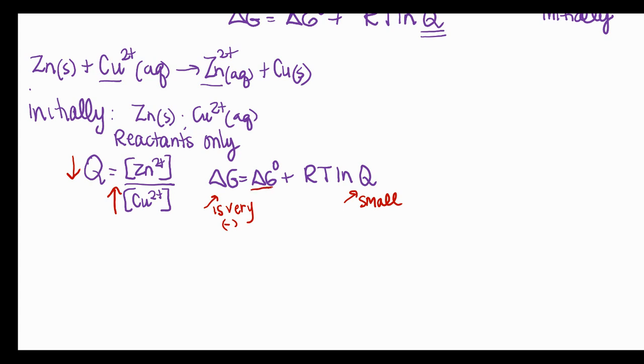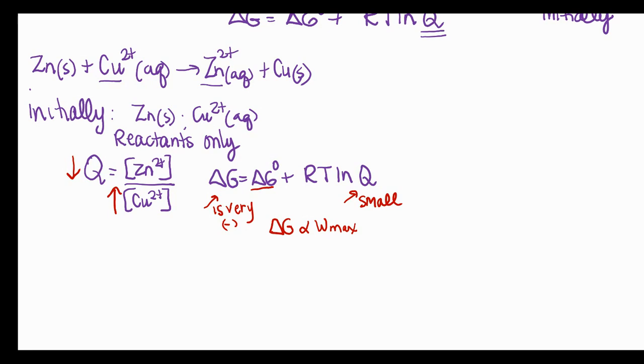More negative than the standard conditions. And so what this leads us to think about is when we set up a reaction, that initially, if we have reactants only in a very spontaneous reaction, what delta G is really giving us is an indication of the maximum amount of work that this process can do.